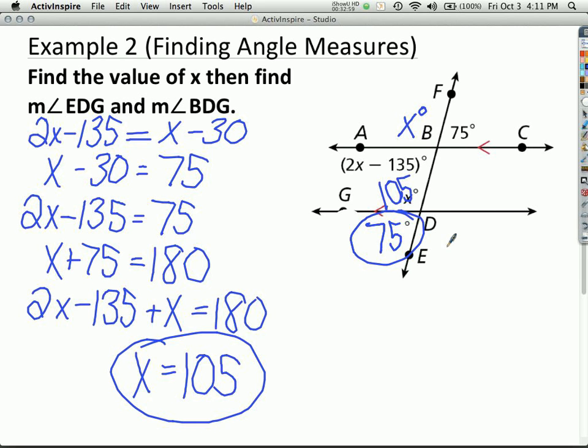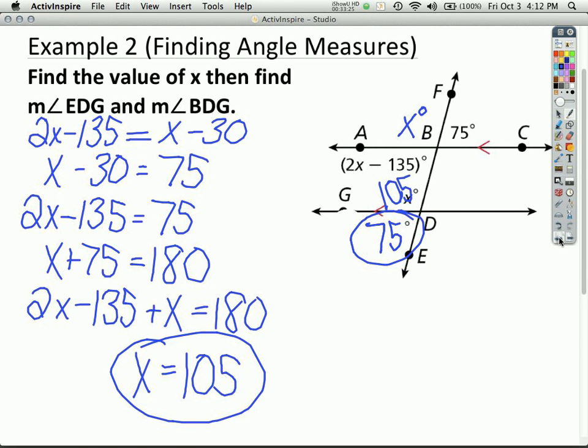Kamoy? Yeah, what are they? No matter what, the angles are going to either be 75 or 105. If that's 75, then so is that, and so is that, and so is that. If that's 105, then so is that, and so is that, and so is that. It's either 75 or 105. Any questions about that?